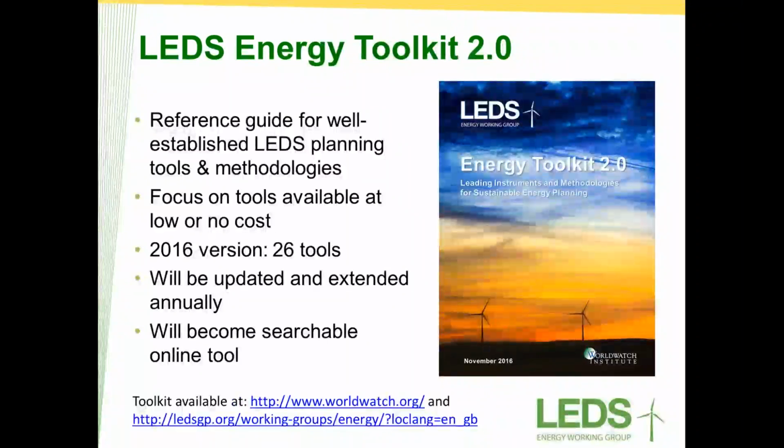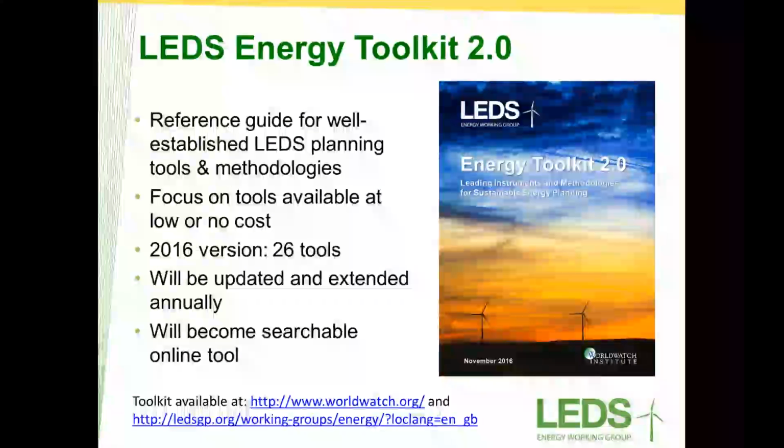We had 16 tools in 2015, and 26 tools now in 2016. So we've added 10 more tools this year, and we're hoping to update it again in the coming year and come up with a version 3.0 next year. Eventually our goal is to make this a tool that is searchable online itself.